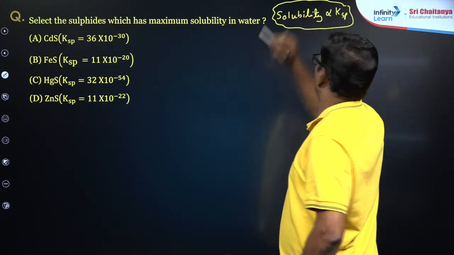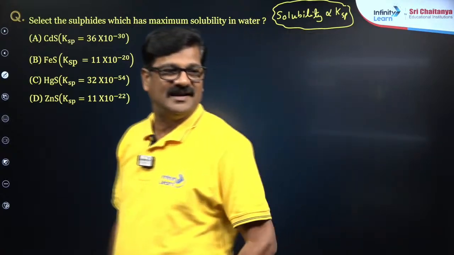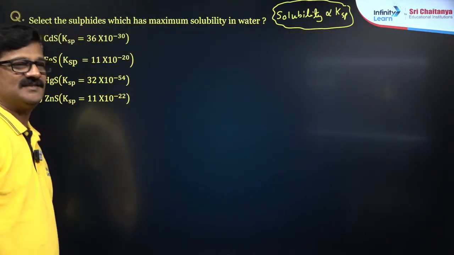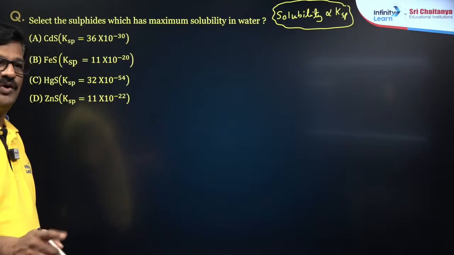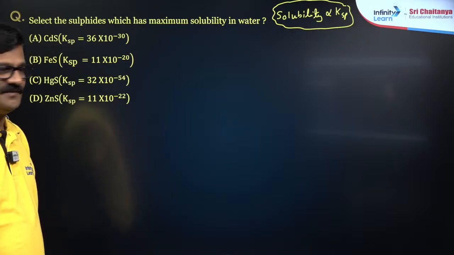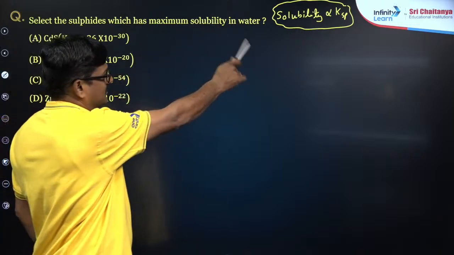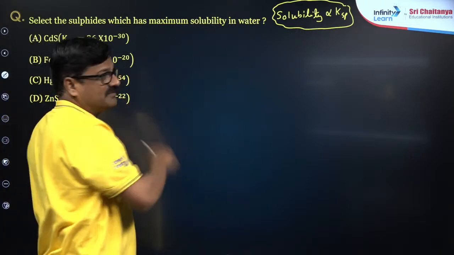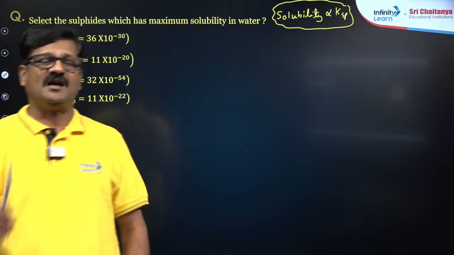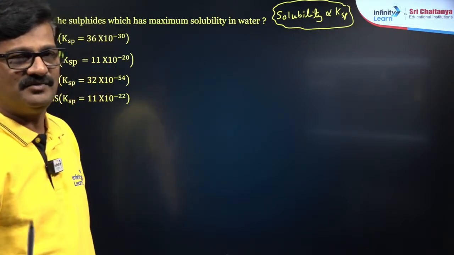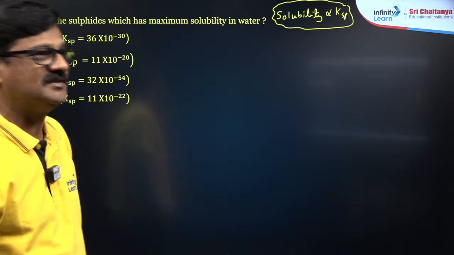This is the trick I have. Yes, Chaitra, Ksp is S square, so S is equal to root over Ksp, right? Now in this case, the salt whose Ksp value is higher will have higher solubility also. The salt with the highest Ksp value will have the highest solubility.